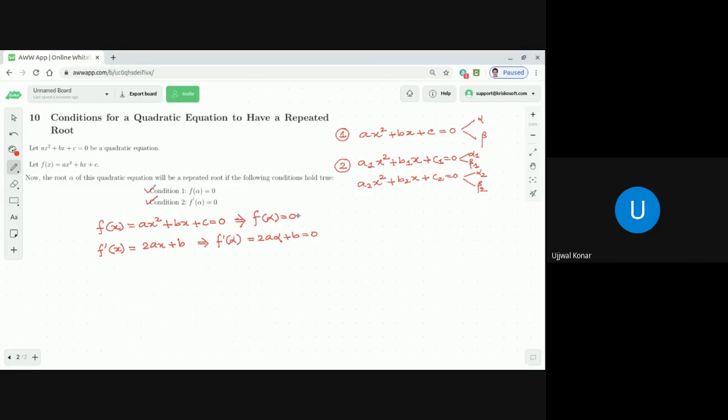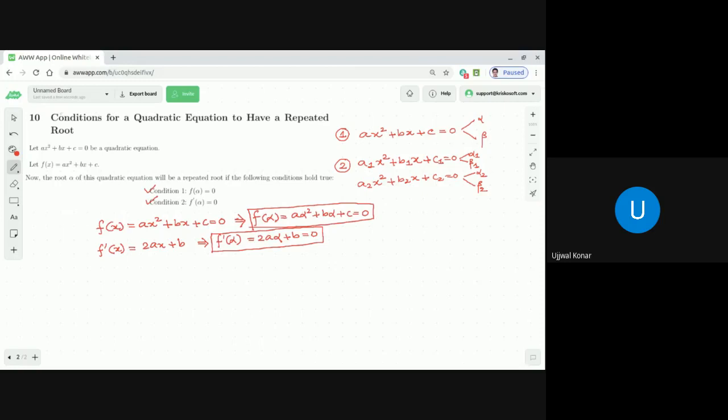If f(alpha) equal to 0, that is a into alpha square plus b into alpha plus c has to be 0. That is the first one. And the second one is f dash alpha, that is 2a alpha plus b, should also be equal to 0. These are the two conditions to be satisfied.